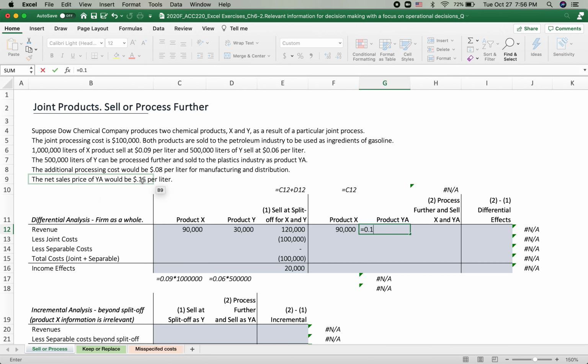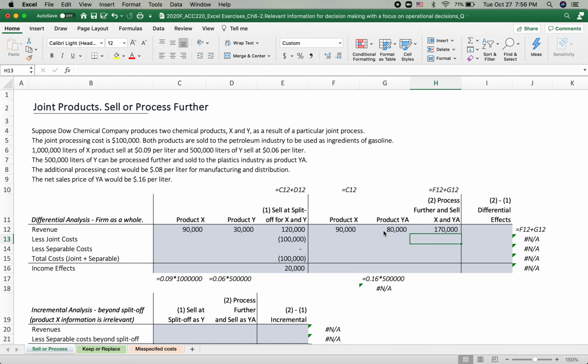So 16 cents per liter times how many? Right, 500,000 liters. So 80,000. So let's sum up these two expected revenues. And then let's think about the joint cost until the split off point for X and Y. X and Y, how much is that? Right, the same. Does not change.